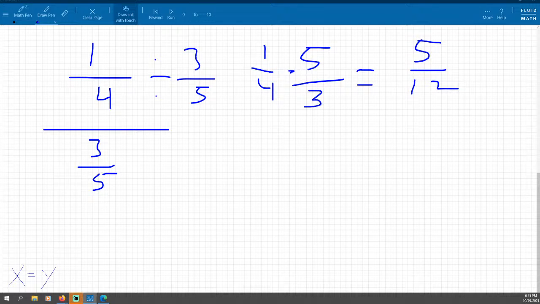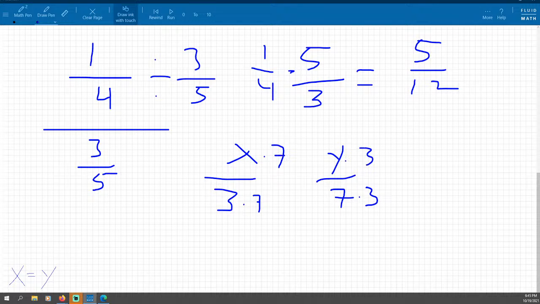So when you're adding or subtracting, though, it does require that the denominator be the same. So if you have x over 3 and y over 7, to get to the common denominator, they both have 21 in common. You'd have to multiply this by 7 and this by 3, whether you are adding or subtracting.